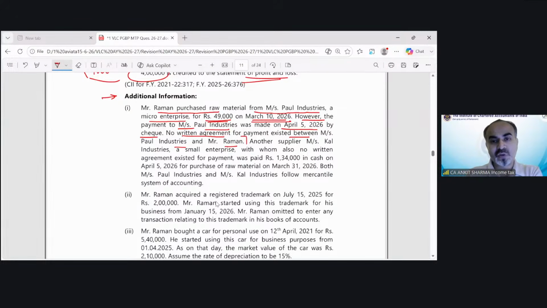So first of all, we have to solve this information. So in case no agreement exists, what do we need to do? In case of micro and small enterprises, if no agreement exists, then within how many days do we need to pay?